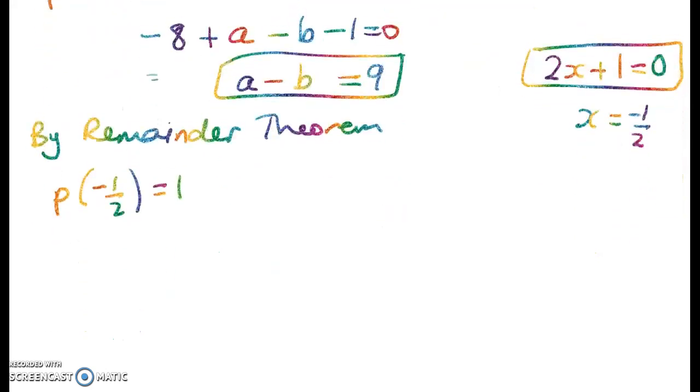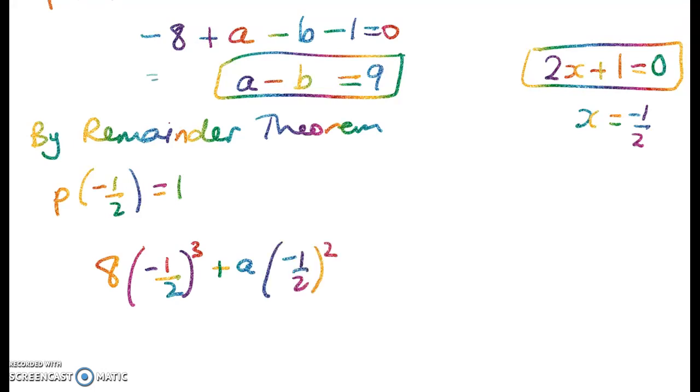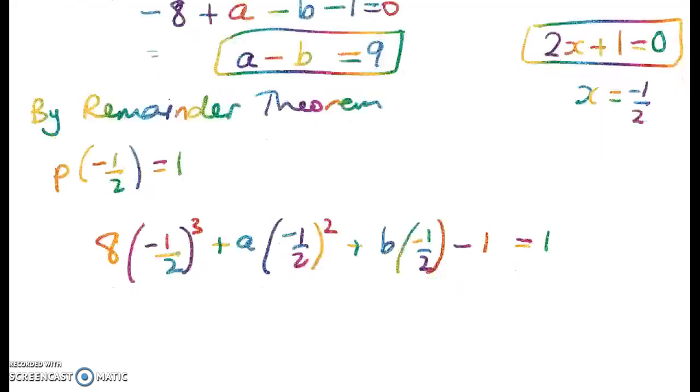We now substitute that value in. So we get 8 times that number cubed plus a times negative 1/2 squared plus b times negative 1/2. Take away 1 is equal to 1.